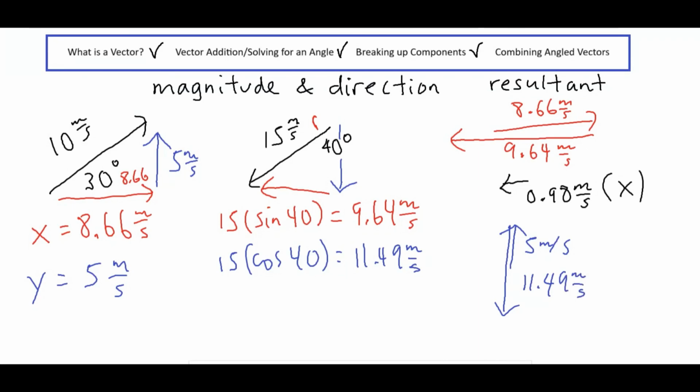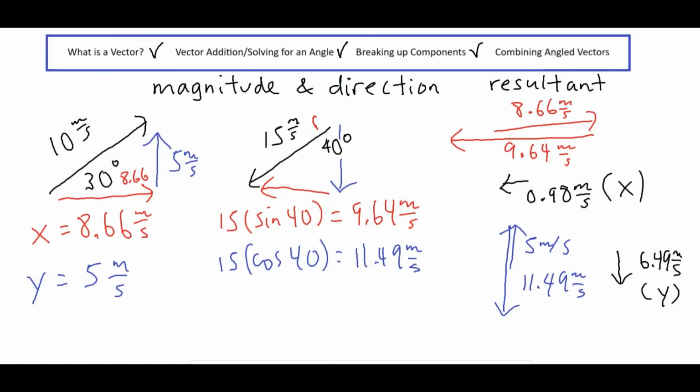If they happen to both be pointing up, I would have added those vectors together, and I'd have a big 16.49 meter per second vector. But I'm going to end up subtracting them, and clearly the downward vector is a little bit larger, so I'm going to have a downward vector, subtract them, that is 6.49 as my final y component.